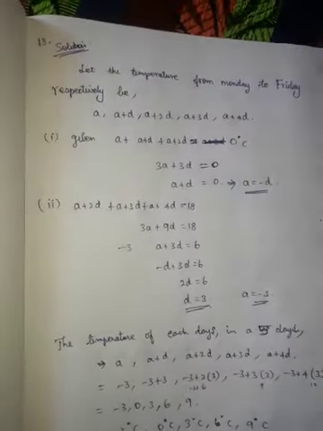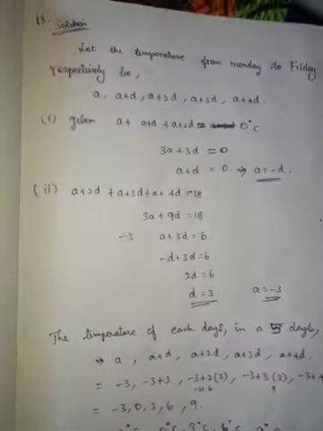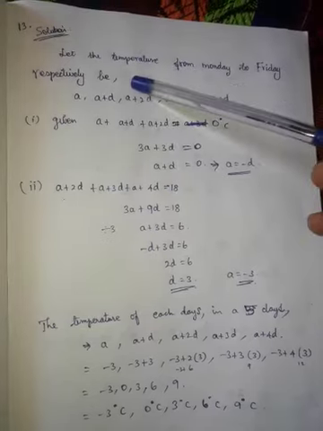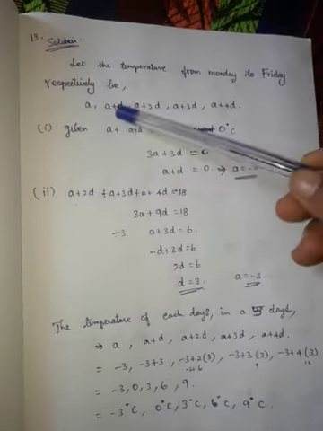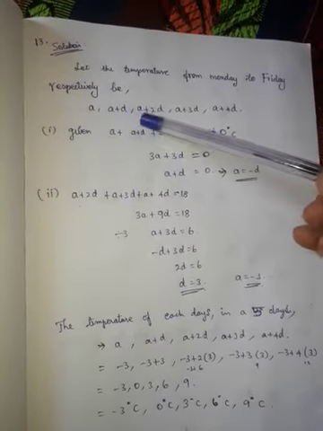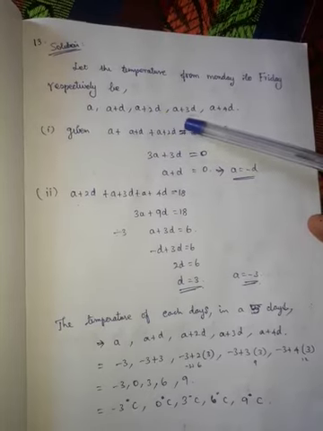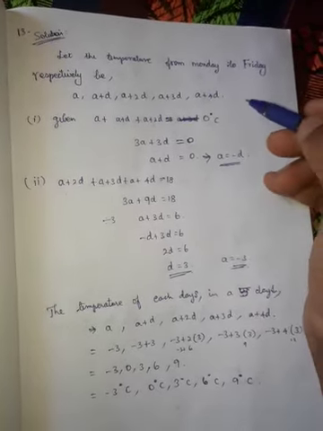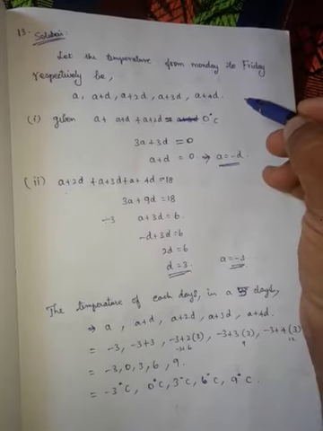So, come to the solution part. Let the temperature from Monday to Friday respectively be a, a plus d, a plus 2d, a plus 3d, a plus 4d. This is the general form of AP.